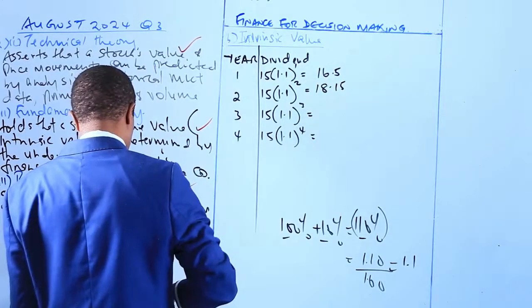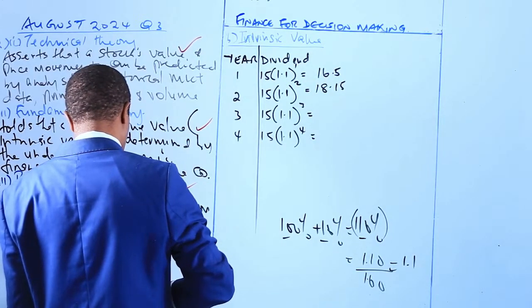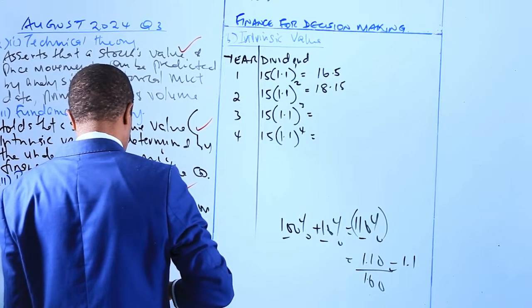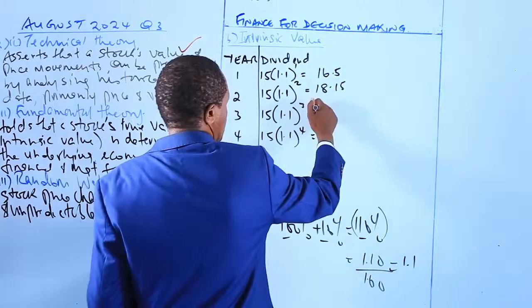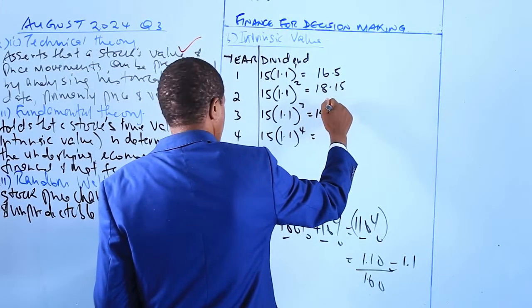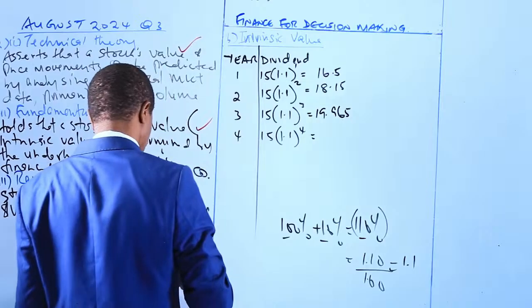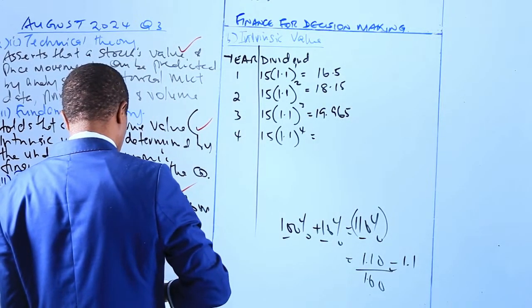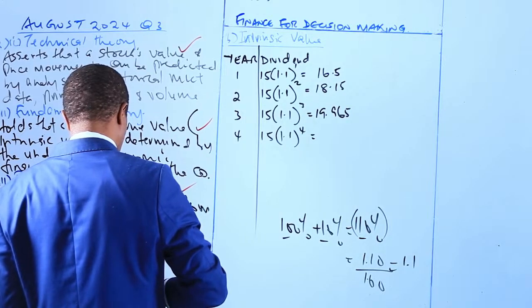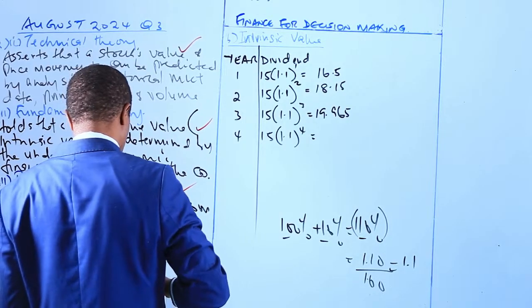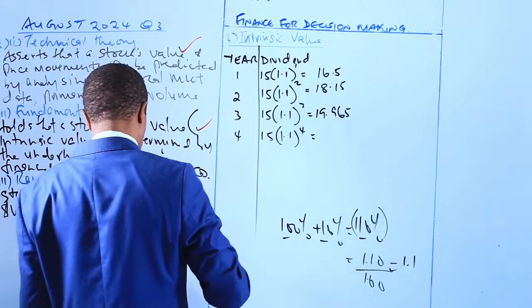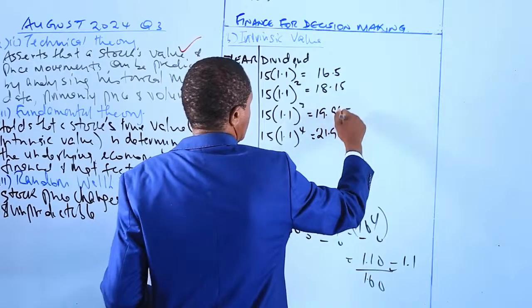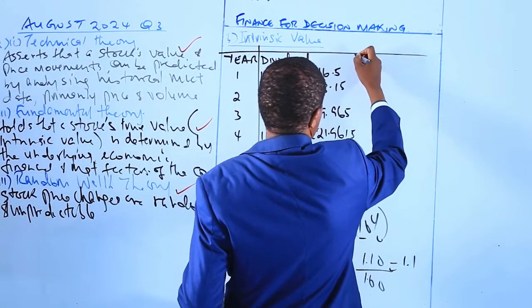Then I have 15 times 1.1 raised to 3. This is 19.965. Then lastly I have 15 times 1.1 raised to 4, which is 21.9615. These are the dividends.